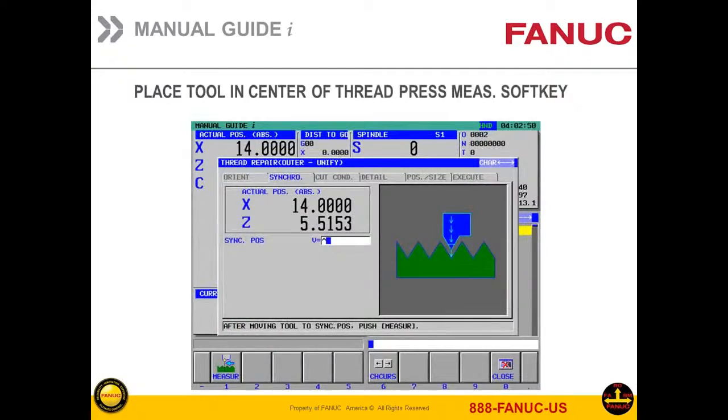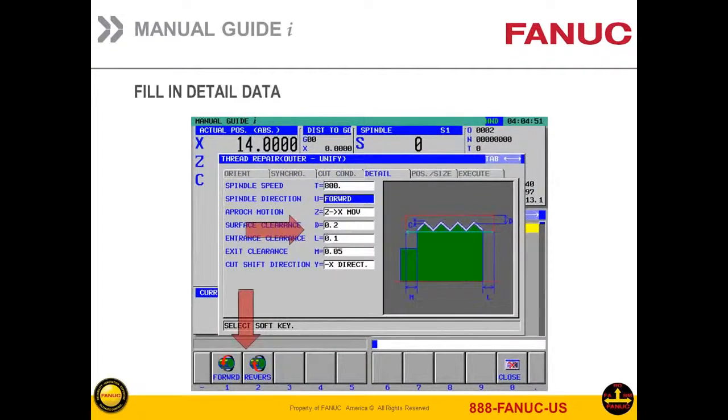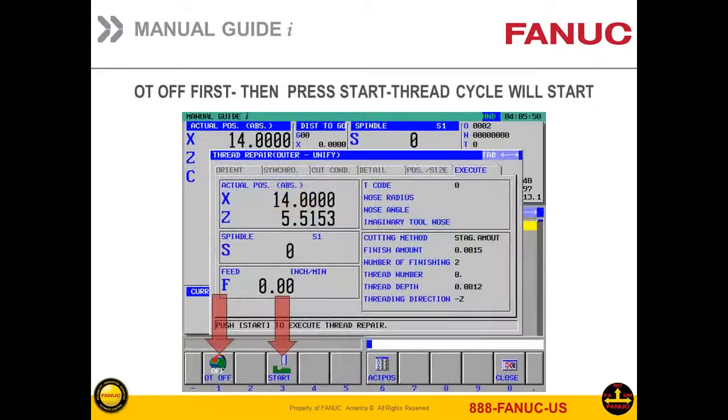Very simple, just those 6 tabs, and then you're done. It'll go back and do the entire thread cycle. So it's a very good feature. But again, I want to emphasize that your builder has to do some ladder development to make this work. But it's a very good, very powerful feature.